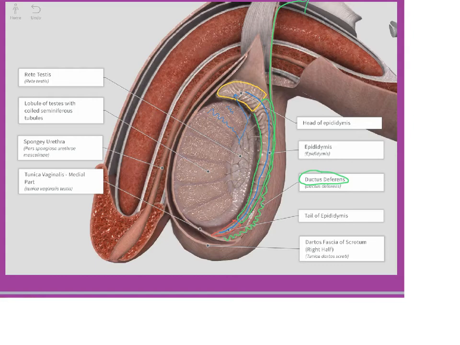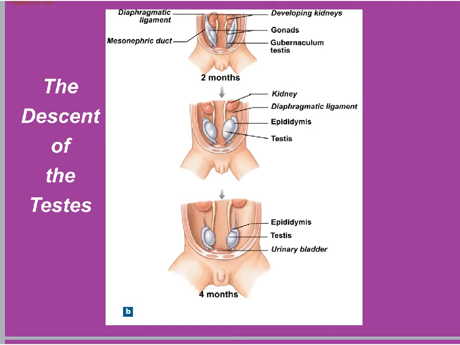Both the epididymis and the testes sit outside the body, but earlier in the lecture, I mentioned that they don't start there. During embryological development, the testes actually start out developing right next to the kidneys. So these are what will become the testes. They have a different name here.